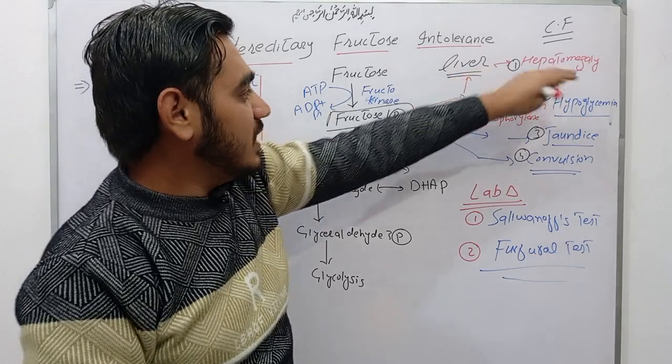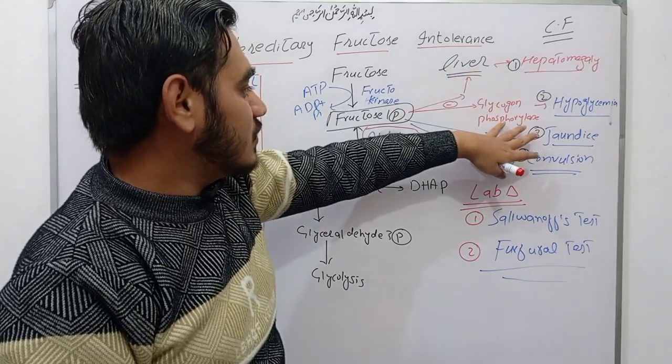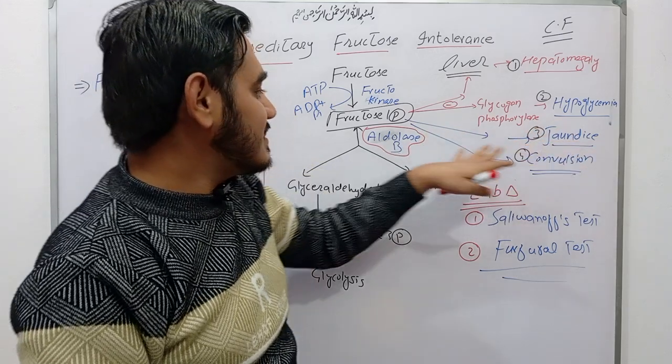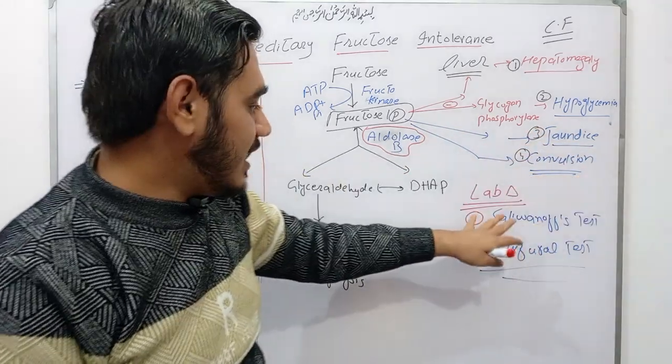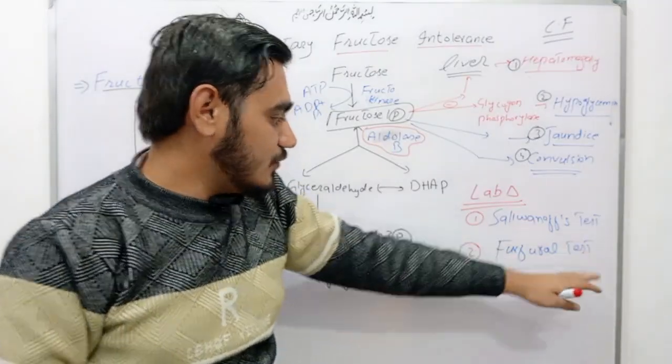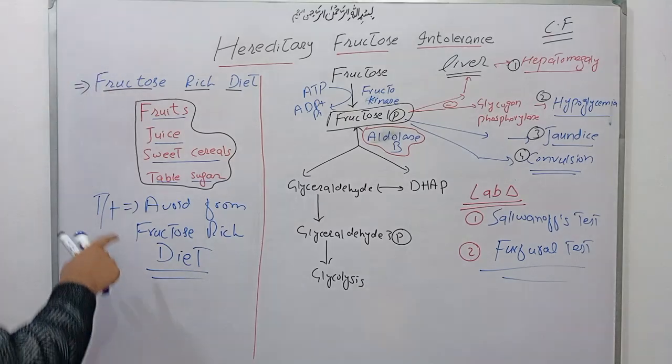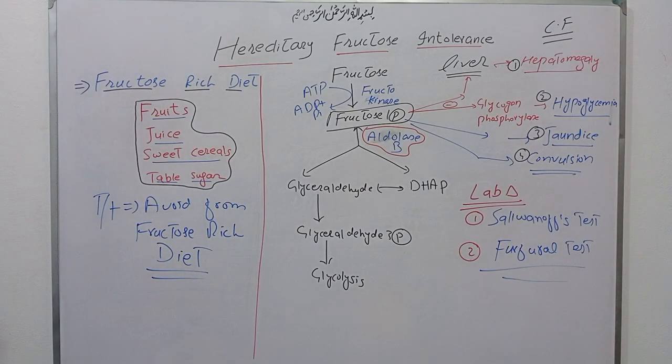It causes hepatomegaly. It inhibits glycogen phosphorylase enzyme and causes hypoglycemia, and is also responsible for jaundice and convulsion. Lab diagnosis are the Selivanoff test and Furfural test, which are used to detect the presence of fructose in urine, and treatment is to avoid a fructose-rich diet.